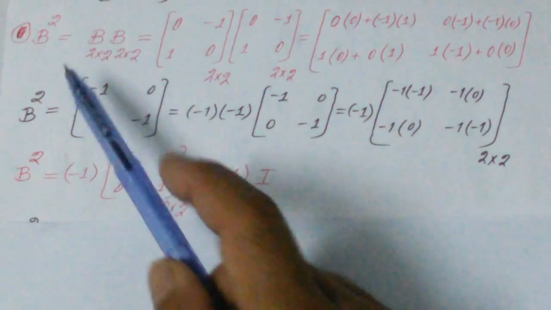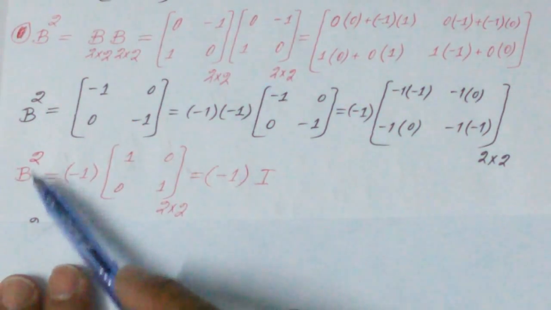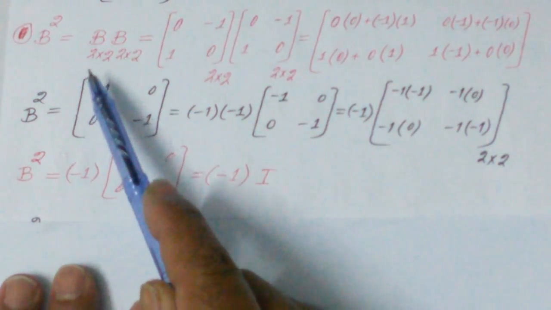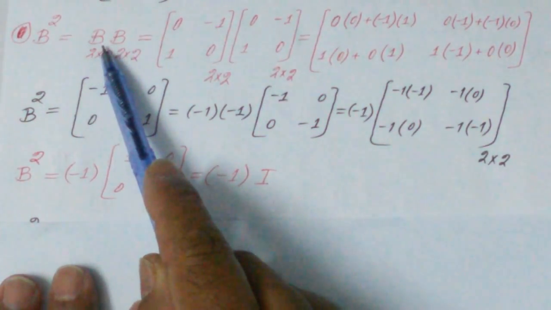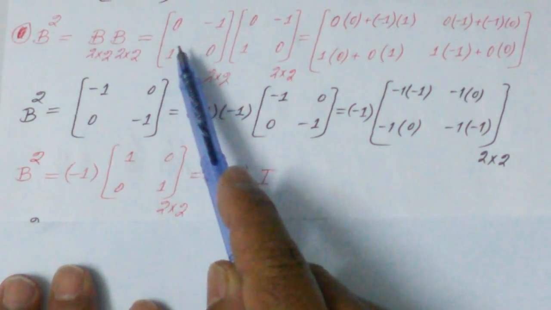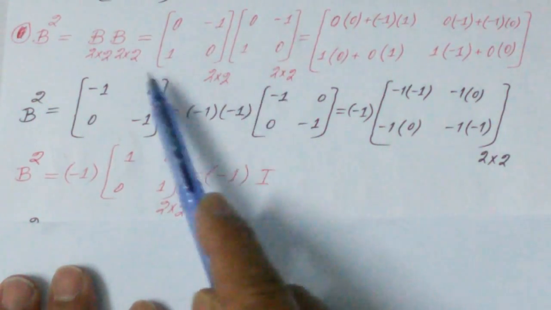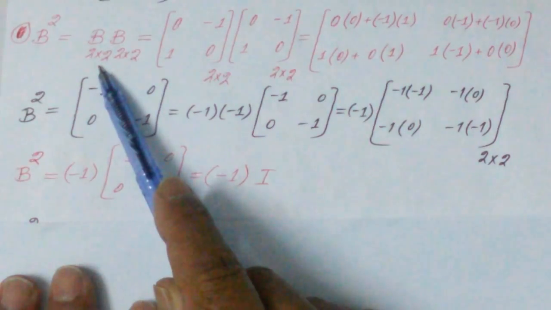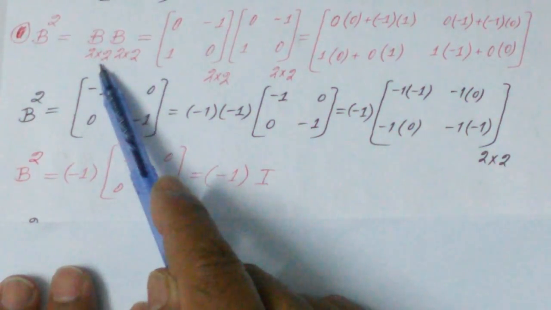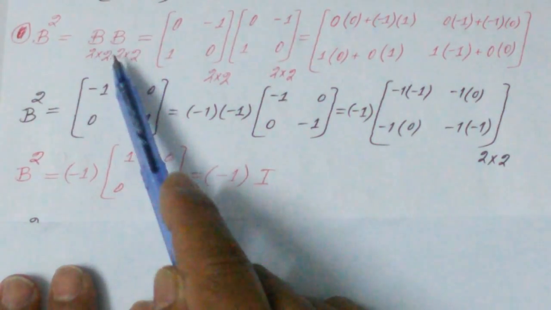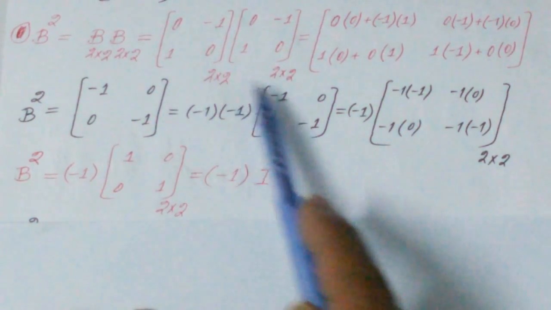Another part of this question is to prove that B square is equal to minus 1 multiplied by identity. First, we have to calculate B square. The elements of the matrix B are 0, minus 1, 1 and 0. The order of the matrix B is 2 cross 2. The columns of the first matrix are equal to the rows of the second matrix, so the condition for multiplication is satisfied.